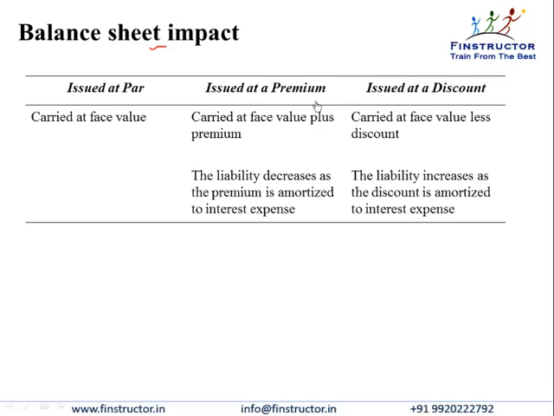So for premium bonds, this value would be the face value plus a slight premium. This premium would get amortized down such that the value of the bond would be equal to par value at maturity. For discount bonds, they will be carried at face value less some discount, and this discount again would be amortized up such that the book value at maturity would be equal to the par value or face value.